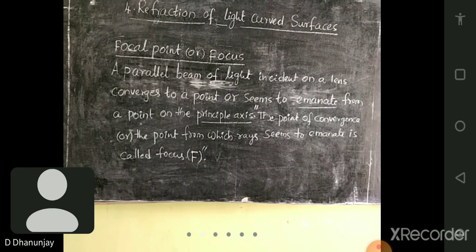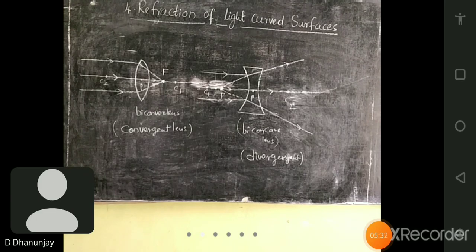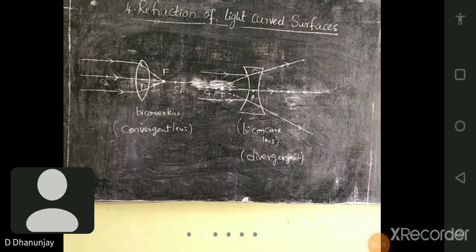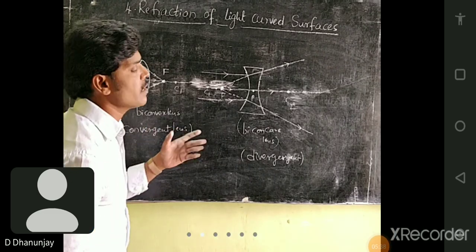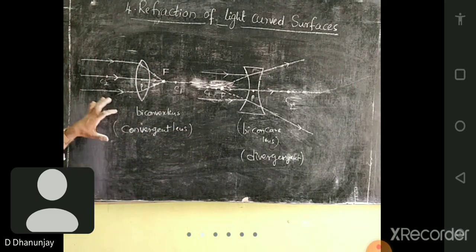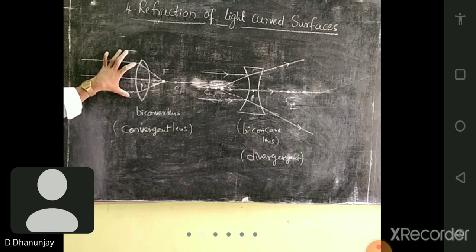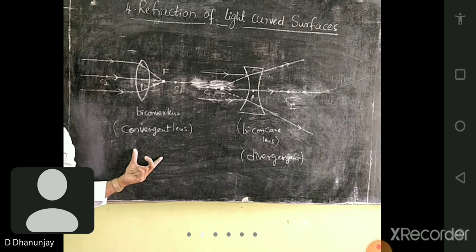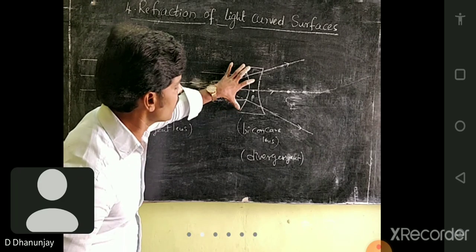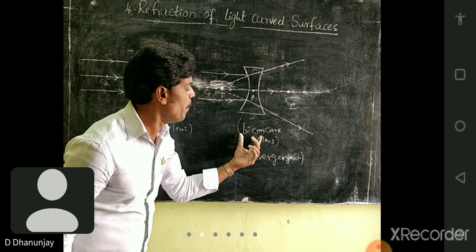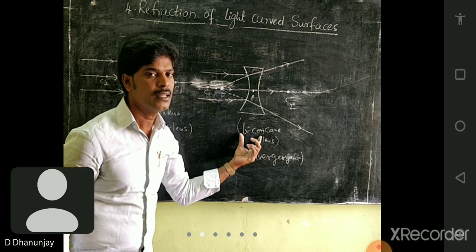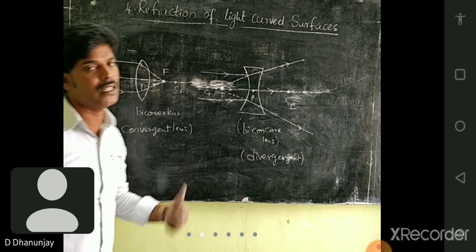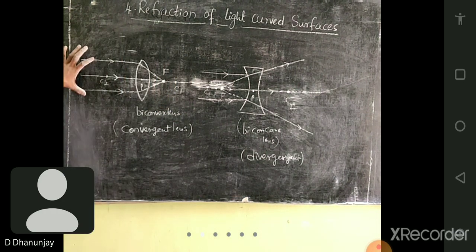So, we can understand this focal point with these two diagrams. On the left side of the screen we have a biconvex lens, on the right side we have a biconcave lens. Biconvex lens is also called convergent lens, and biconcave lens is also called divergent lens. Why are they called convergent and divergent lens?